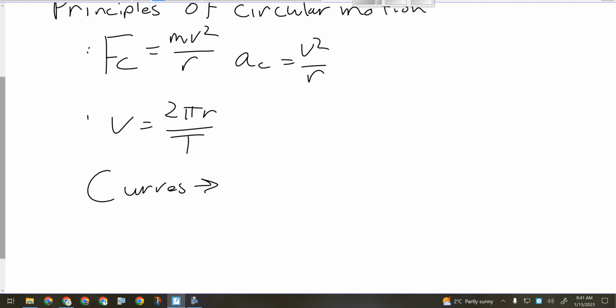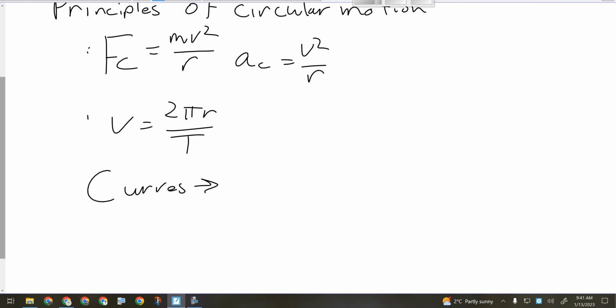What keeps you in an unbanked corner? Friction. Okay, what keeps you in a banked corner? The normal force, or at least the horizontal component of it that's pointed back towards the middle. That's why we bank the corner. Okay, so that the normal force pushes perpendicular to the surface.